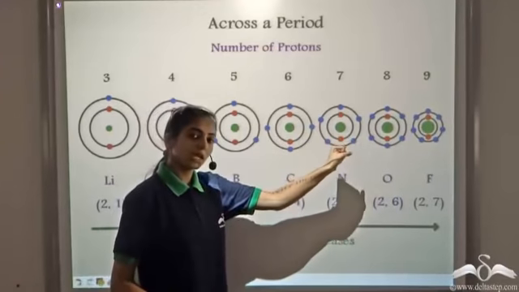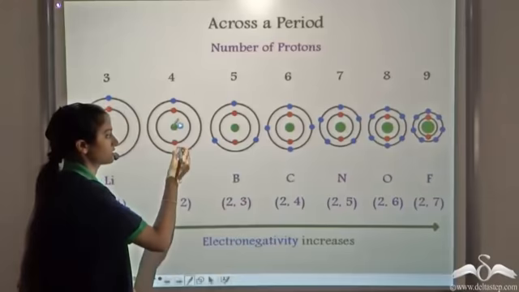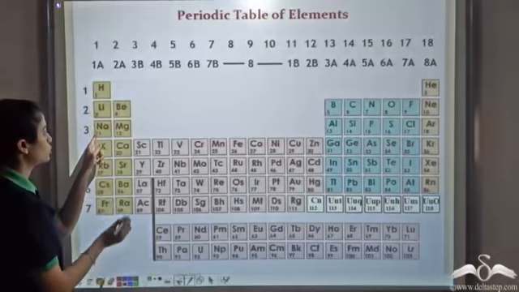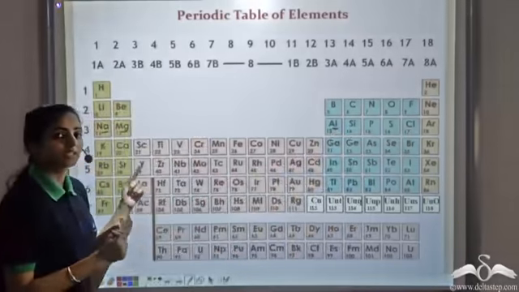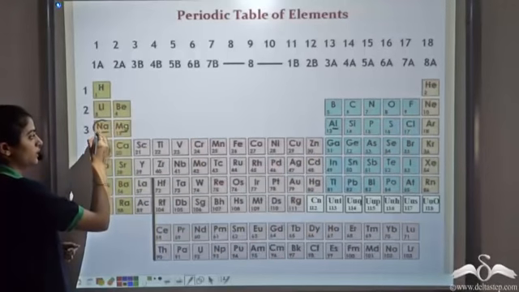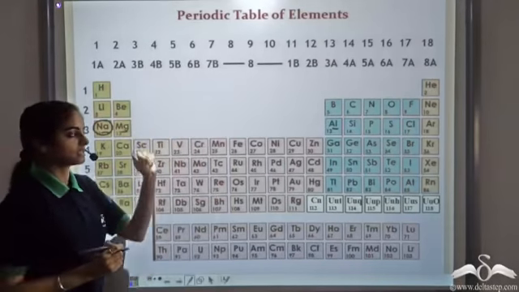The tendency to attract the shared pair of electrons increases, so the electronegativity increases. And so, out of sodium, magnesium, and aluminium, the one with least electronegativity is sodium, because when we move from left to right, electronegativity increases.